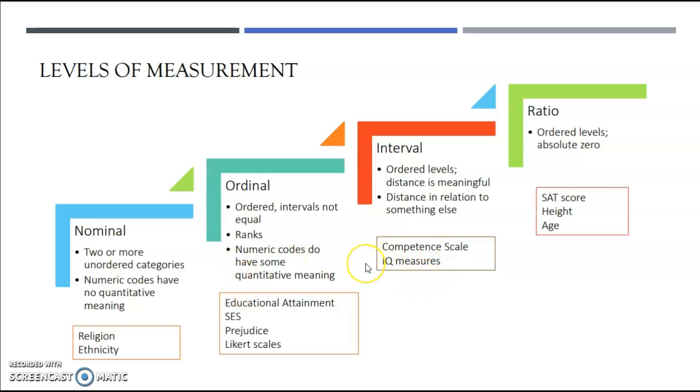So like an IQ measure, think about a standard IQ is approximately 100. And then when we talk about standard deviations away from normal, then we start talking about whether someone is considered to have a pathology or to be gifted. And then ratio, we're looking at things like height, weight, age, any of those sorts of variables.